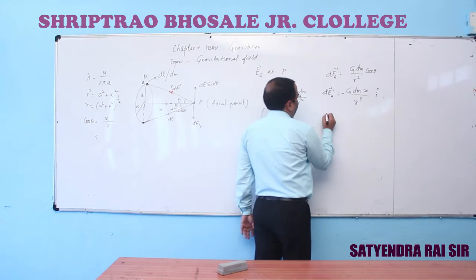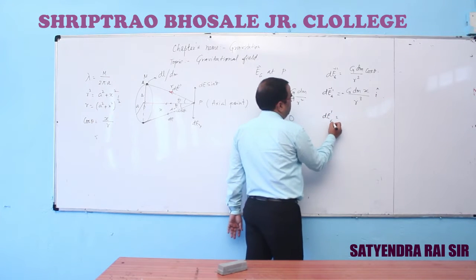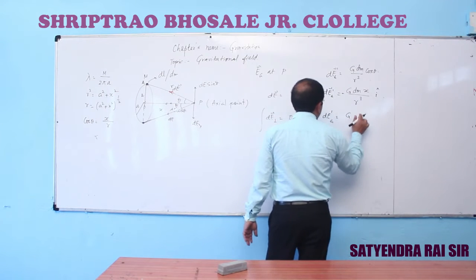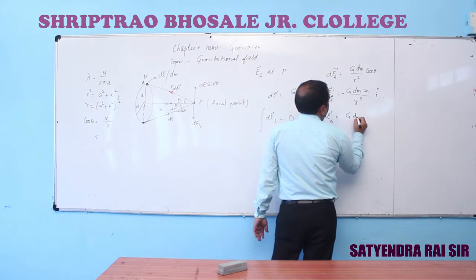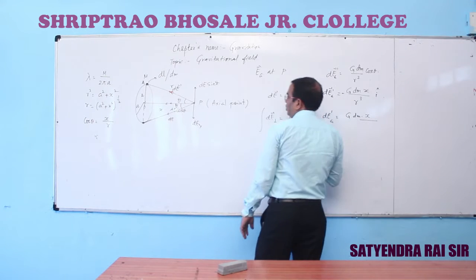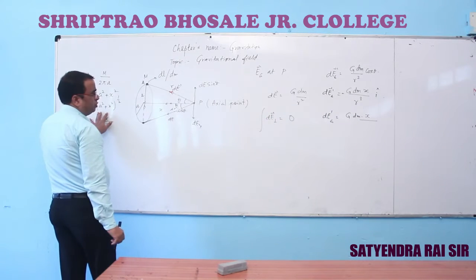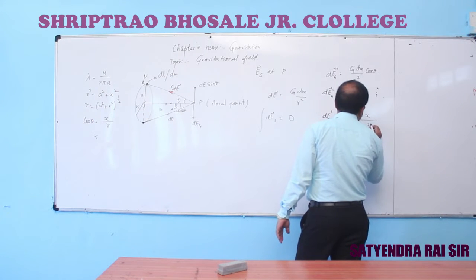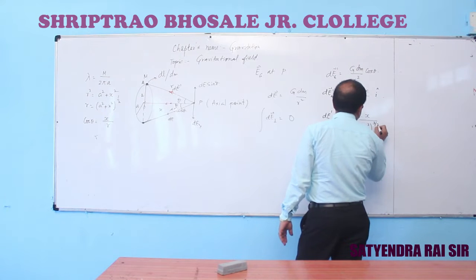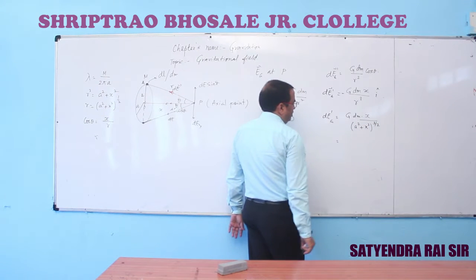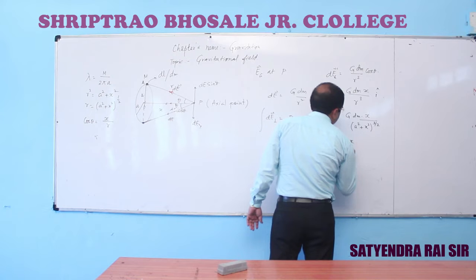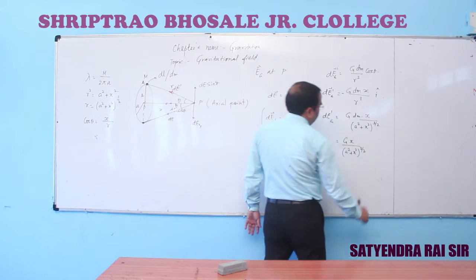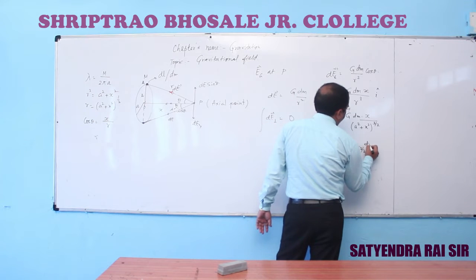So magnitude wise, if you write dE dash only, it will be G dm x upon r cube. What is r cube? r is (a square plus x square) to the power 1 by 2. So we can write this as (a square plus x square) to the power 3 by 2, and this will be G x upon (a square plus x square) to the power 3 by 2, into dm.